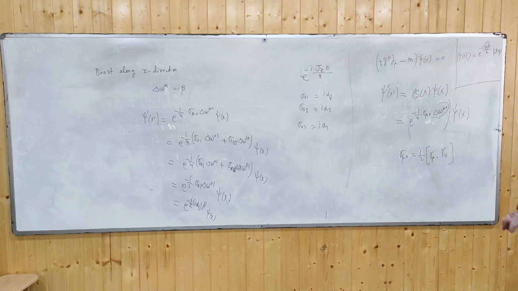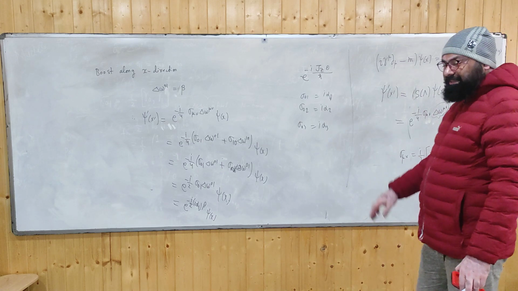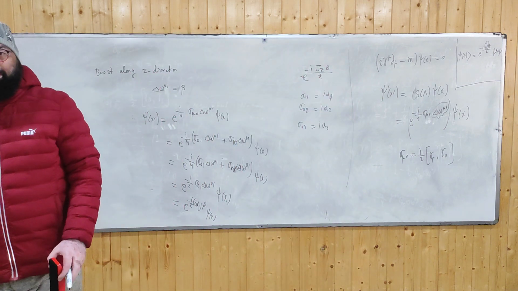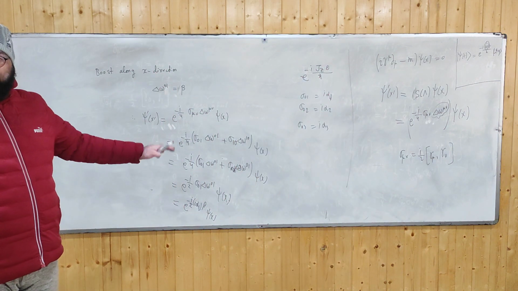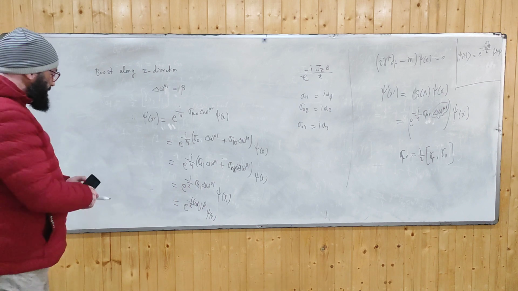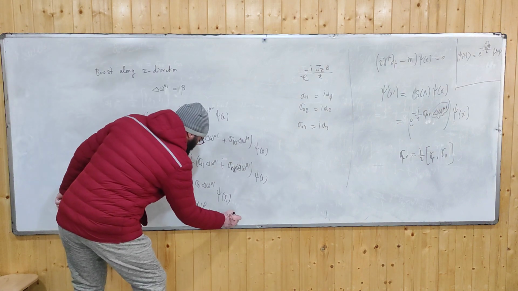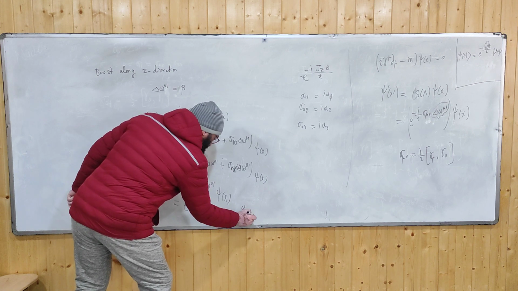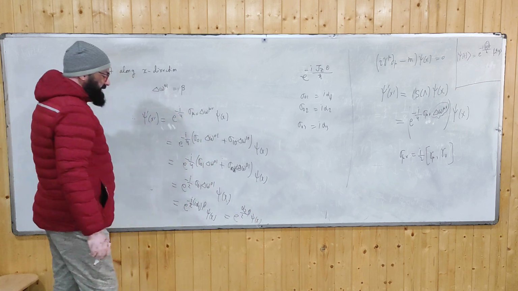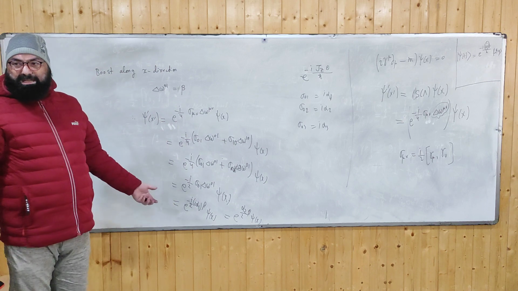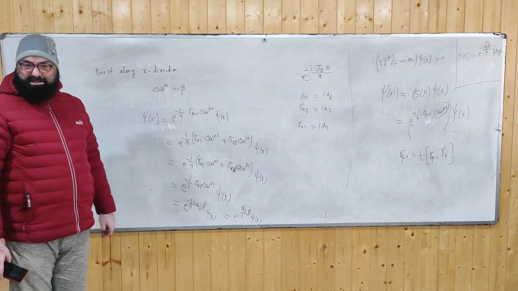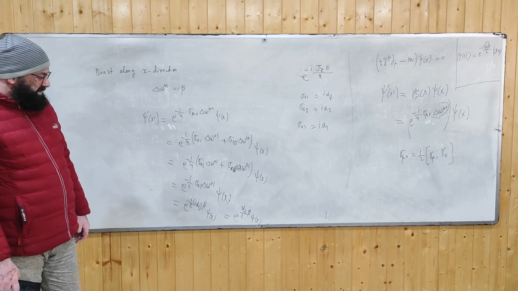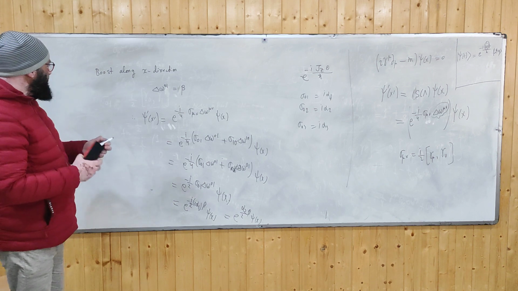Got it? Now let's take the other components. You can write this object simply as e raised to alpha by 2 beta psi of x, because i times minus i is plus. So you can put it this way.